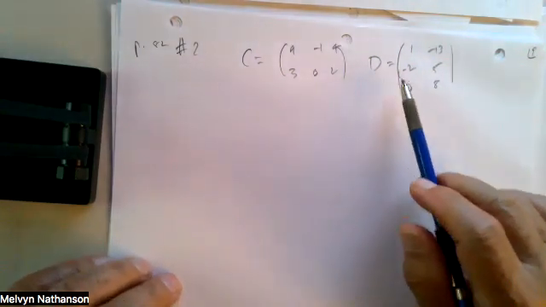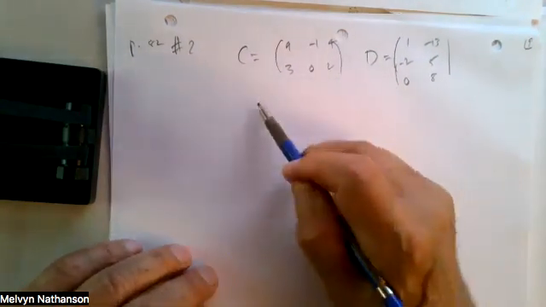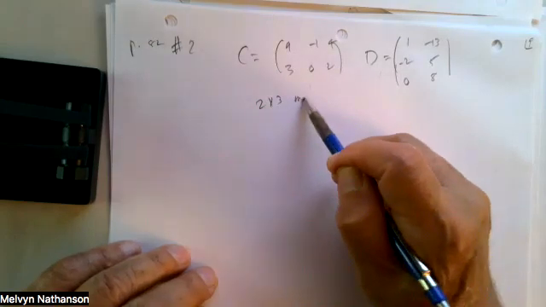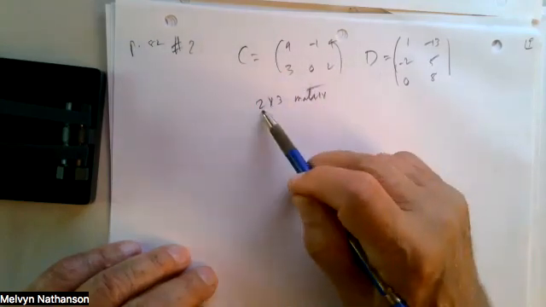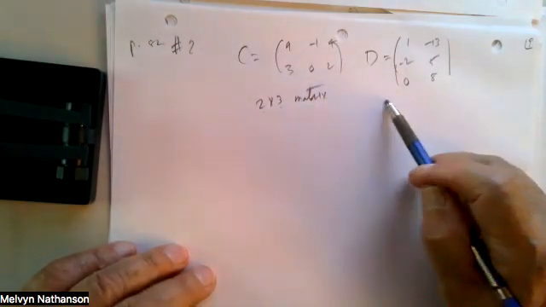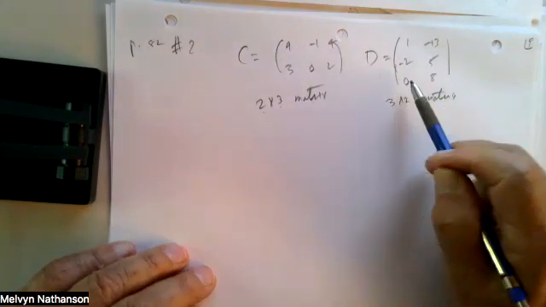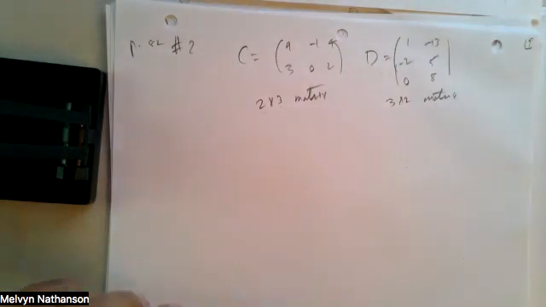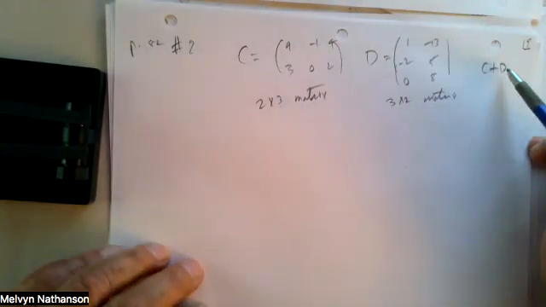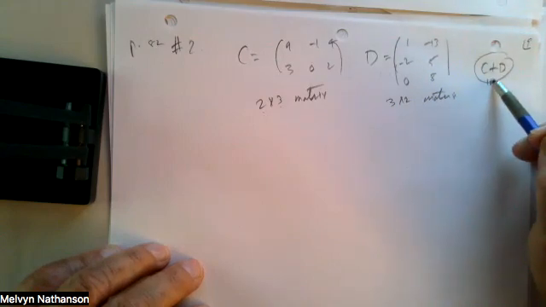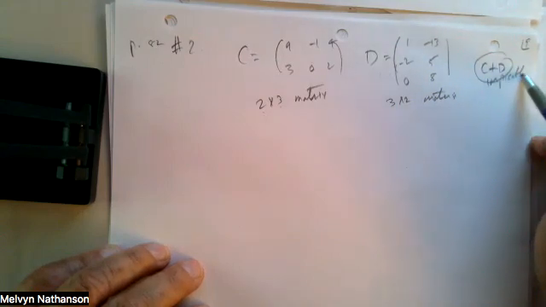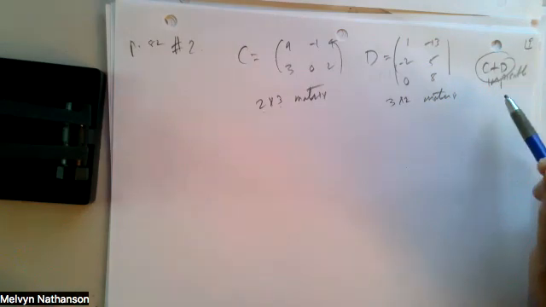You notice these matrices have different shapes. This is a 2 by 3 matrix, 2 rows, 3 columns. This is a 3 by 2 matrix, 3 rows, 2 columns. So you cannot add these matrices. C plus D makes no sense.